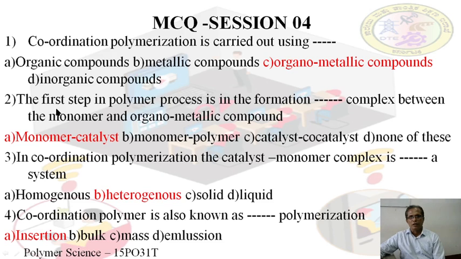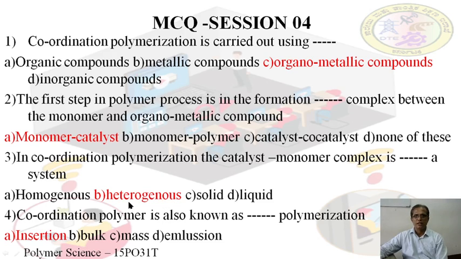Second question. The first step in the polymerization process is the formation of dash complex between monomer and organometallic compound. The first step is the formation of monomer catalyst compound. Question number 3. In coordination polymerization, the catalyst monomer complex is dash system, heterogeneous system.